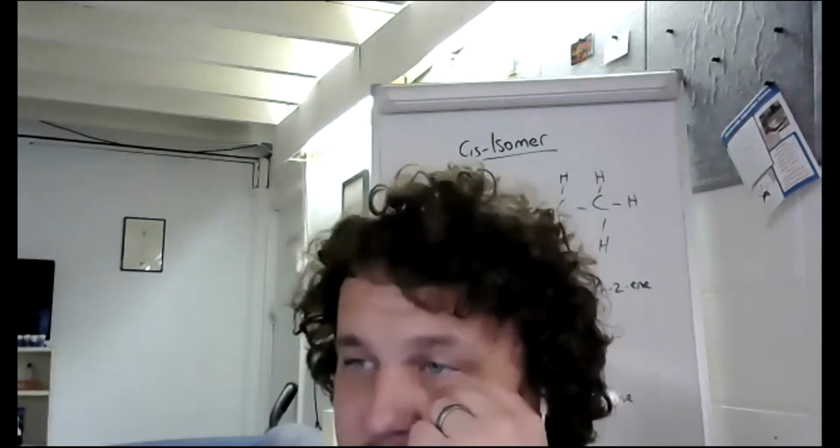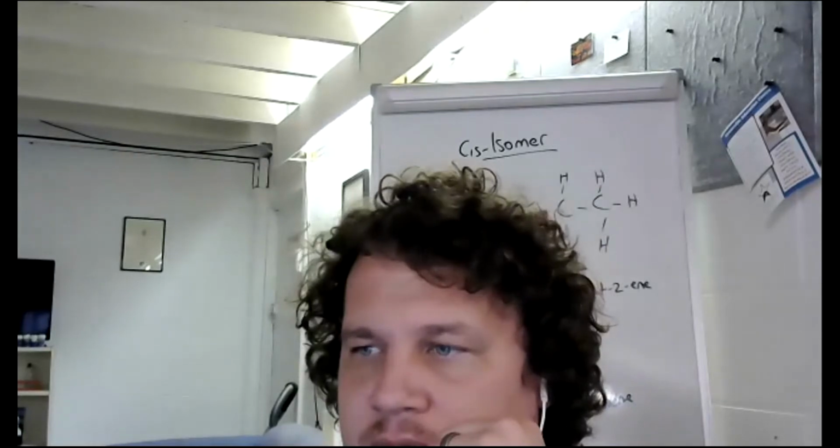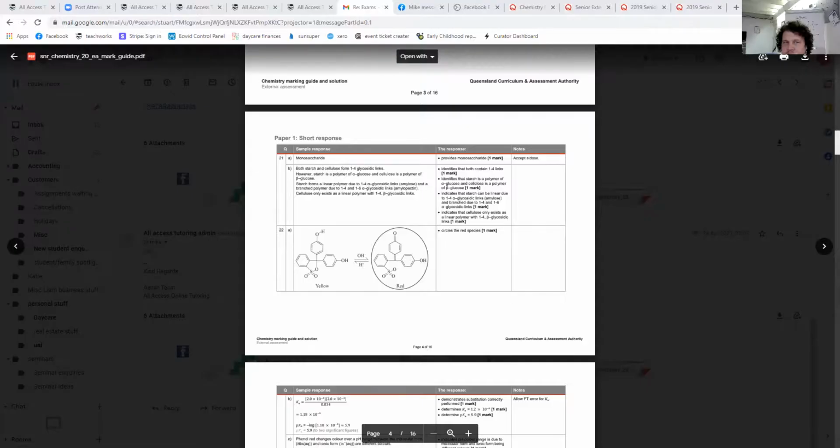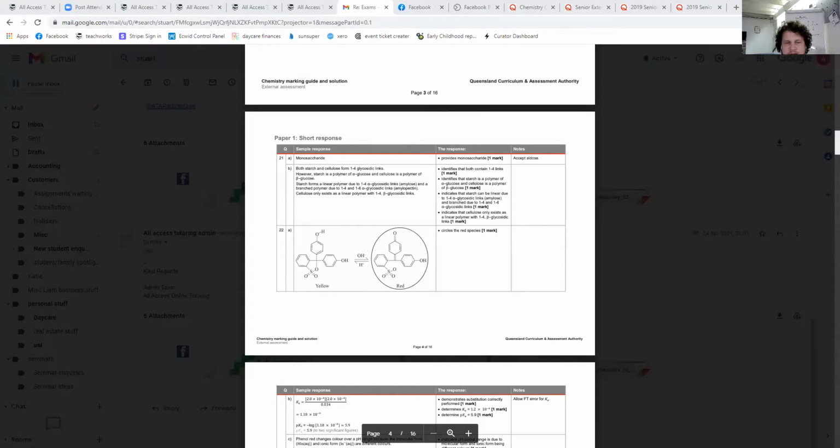All right, so now we're going to start looking at the short answer questions. Everybody have a look at that, and have a think about question A. I'm going to bring up the difference, and I'm not going to try and draw it because I'm conscious of time.